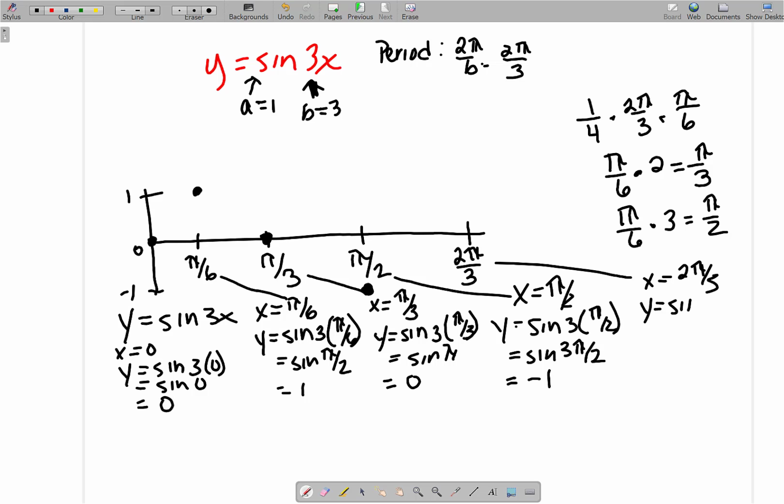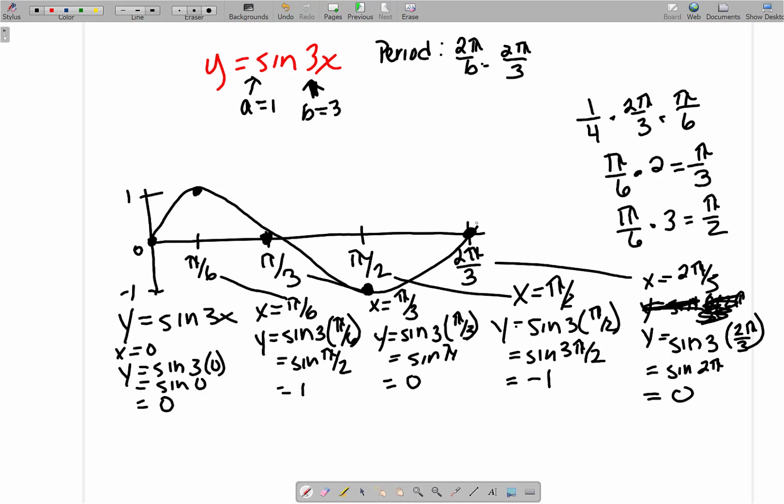Y equals the sine of 3 times 2 pi over 3 equals the sine of 2 pi, or 0 degrees, which is 0. And again, the sine curve is going to look like this. Okay. So do you see the only difference really is the values where our points are.